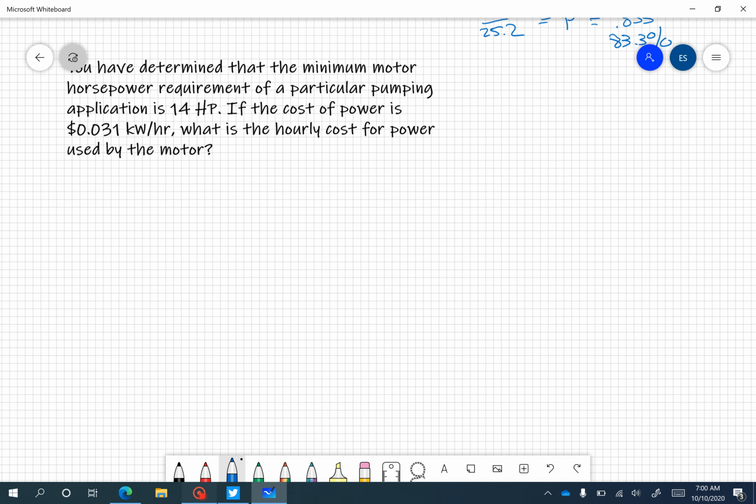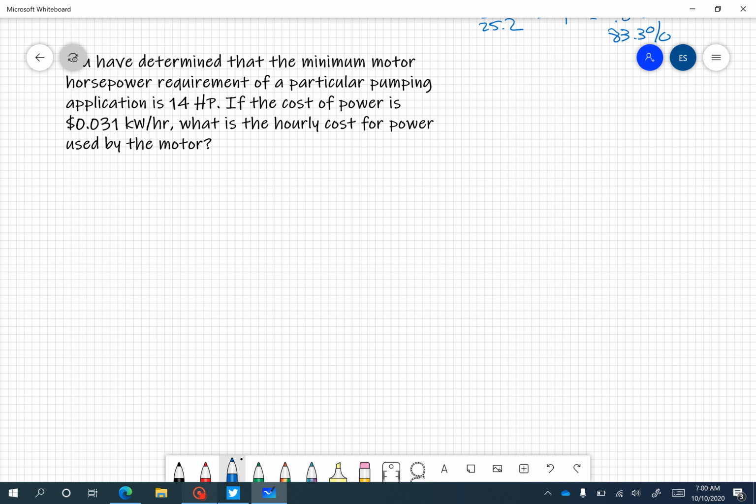And then finally, our last problem here in the pumping portion of the homework is this one. And it is asking us to calculate the hourly cost for power to run this motor. And what information are we given?